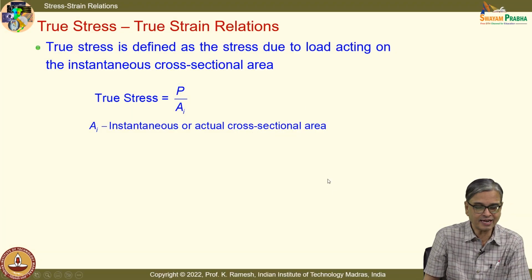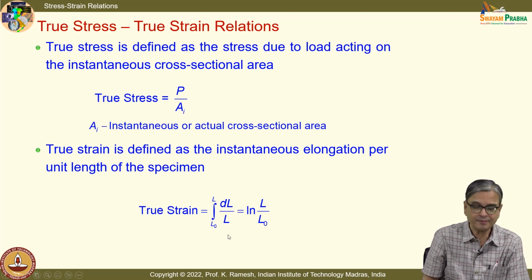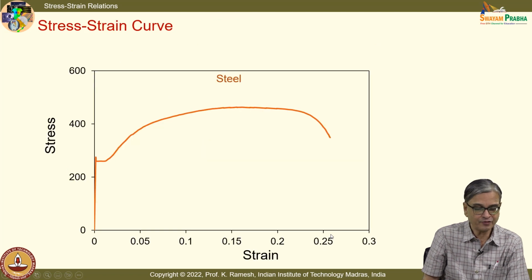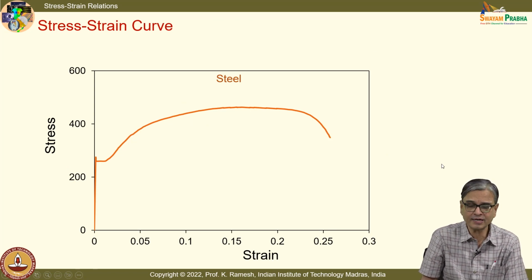So, this is another measure, and when we looked at finite strain, we labelled this as Hencky strain, that is integral dL by L. I have got this as natural logarithm of L by L naught. We define that as true strain, and if I use this and plot it for mild steel, please make a sketch of this. You should know how the graph changes.